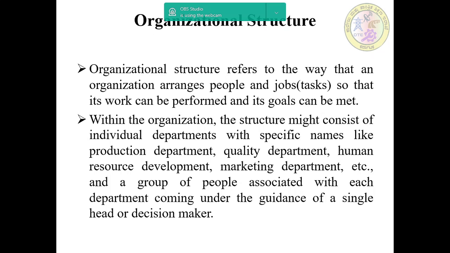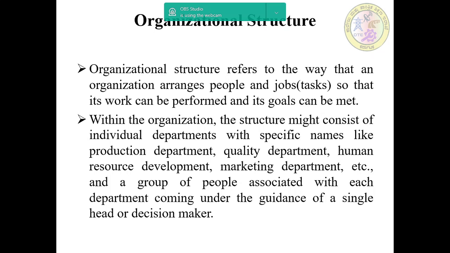Within the organization, the structure might consist of individual departments with specific names like production department, quality department, HRD (human resource development), marketing development, etc. It also includes sales as well as marketing.